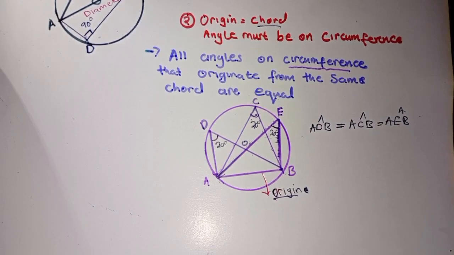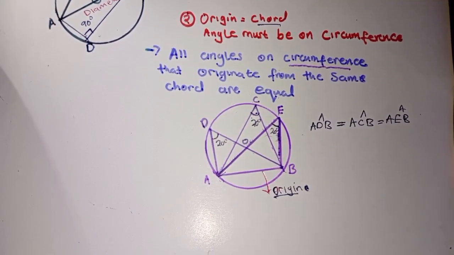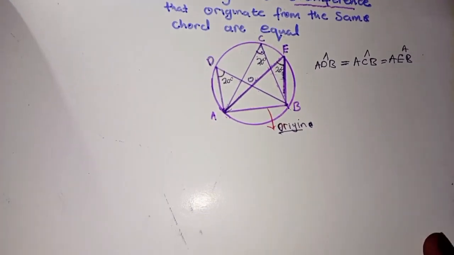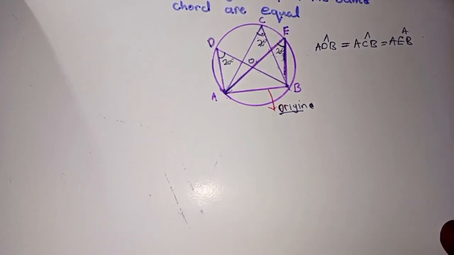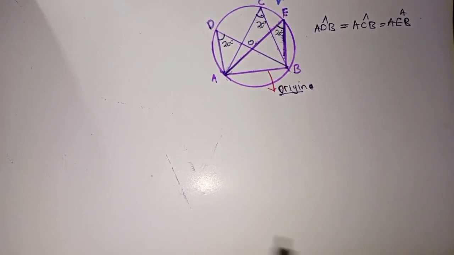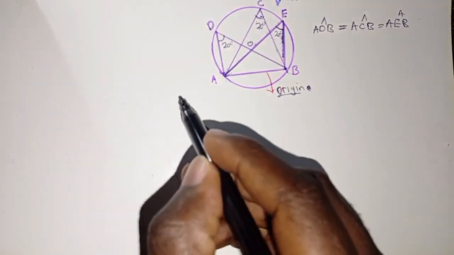That's the property here. Then the other thing that we want to come to, the other property, will be property number 3.